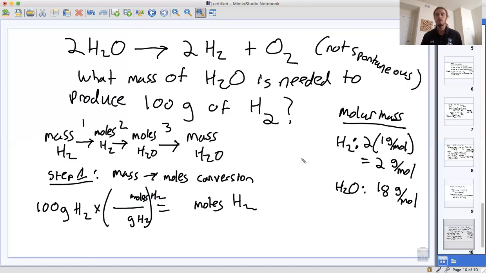And I know that 1 mole of H2 equals 2 grams. That's what the molar mass tells me. Molar mass is 2 grams per mole. So I'm going to put 1 mole on top and 2 grams on the bottom. So the moles of H2 is going to be 100 grams times 1/2. That's 50 moles.